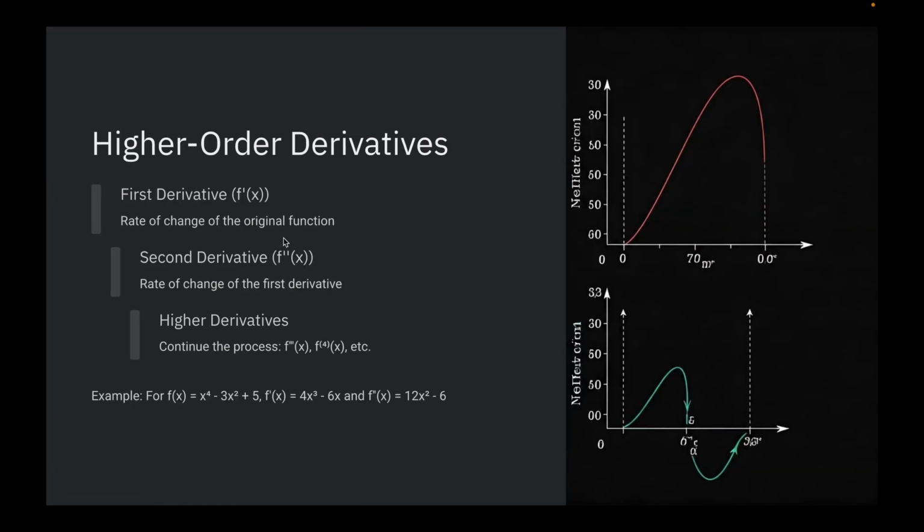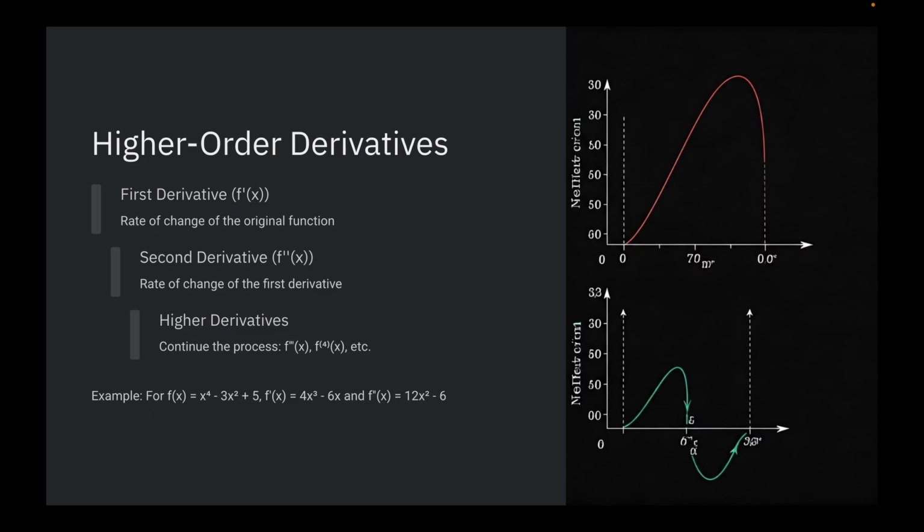So that's what the first derivative is. Now, the second derivative is a bit different. Let's say, instead of having the first derivative as the derivative of a function, we graph that. And then we calculate the instantaneous rate of change for that. That would become the second derivative.